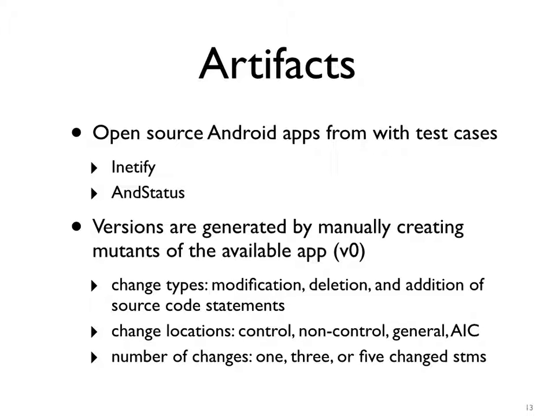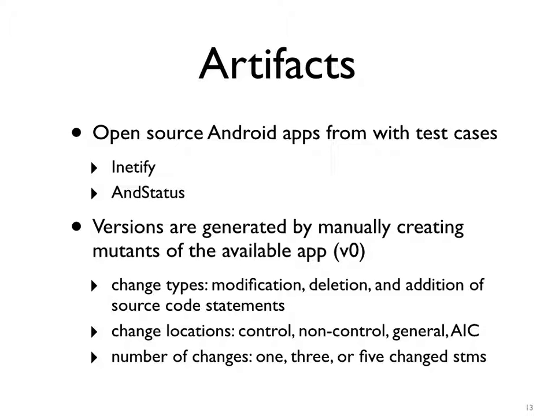Changes are introduced at different locations: control statements, non-control statements, general locations such as the top, middle, and bottom of the method, and anonymous inner clause. Anonymous inner clause procedures are especially considered here because they are special Android features which are not existent in regular Java programs, and they are generated as separate class files by the Android development environment.